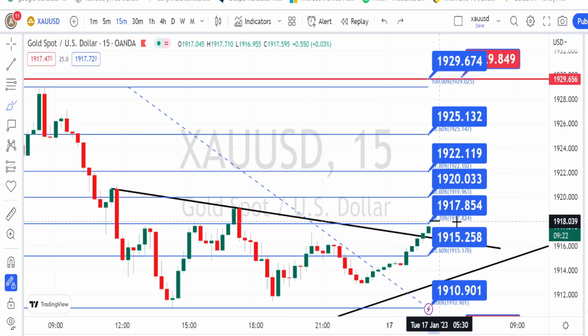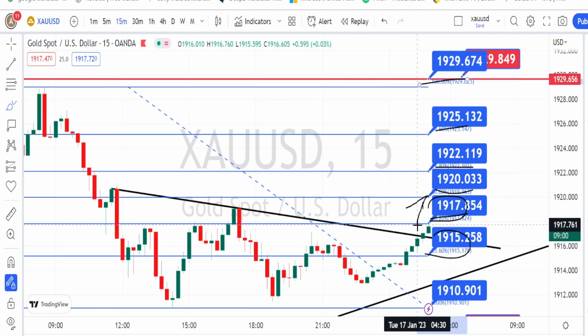So the values within these blue color boxes are the resistance level and the support level. Currently the price action is testing the resistance level of 1917. Once the price action breaks this resistance level, next level of resistance is going to be around 1920, 1922, 1925 and 1929.